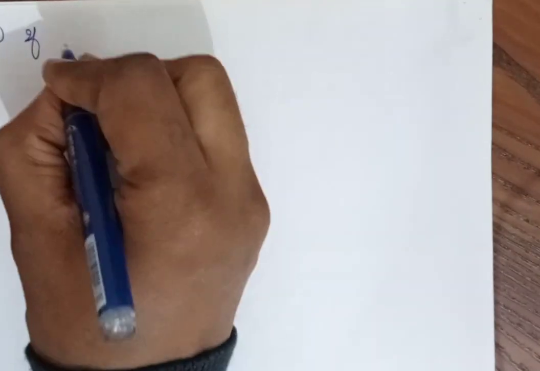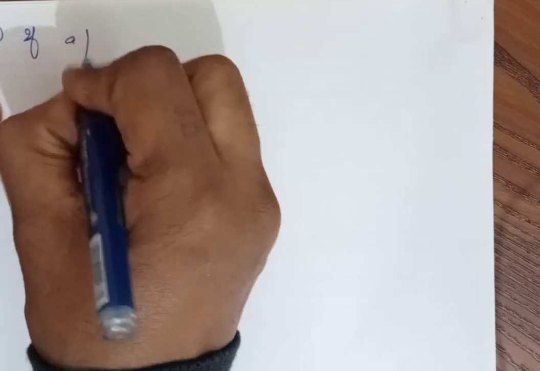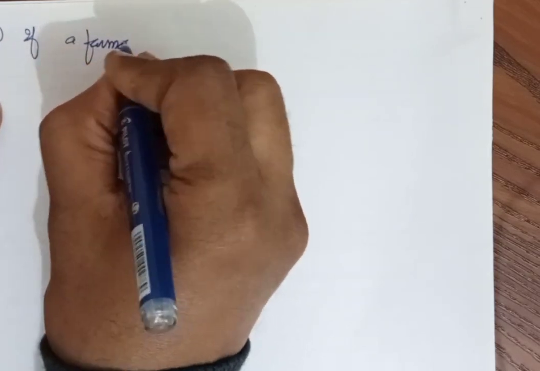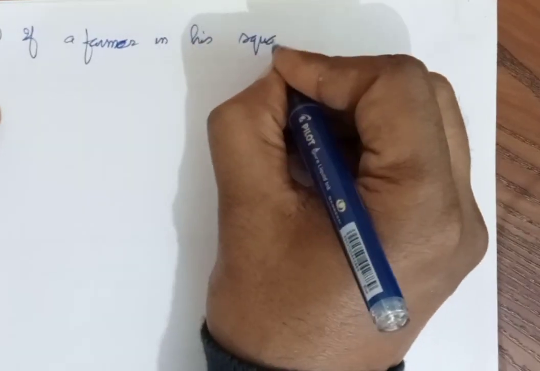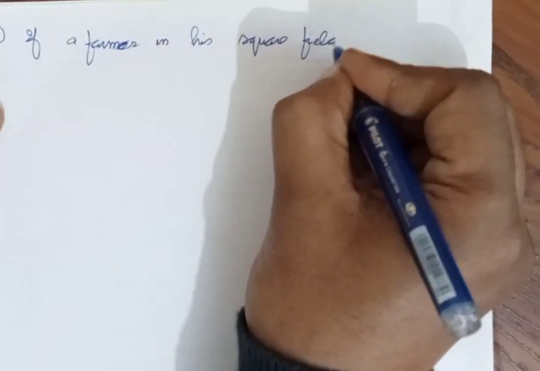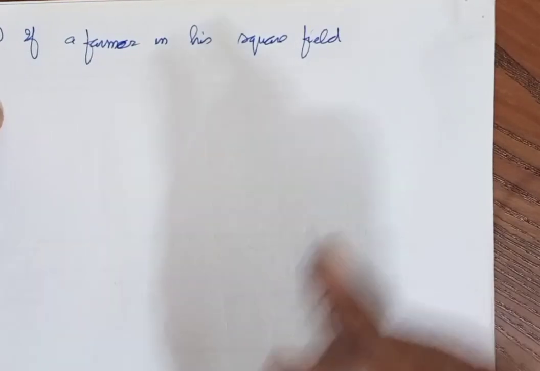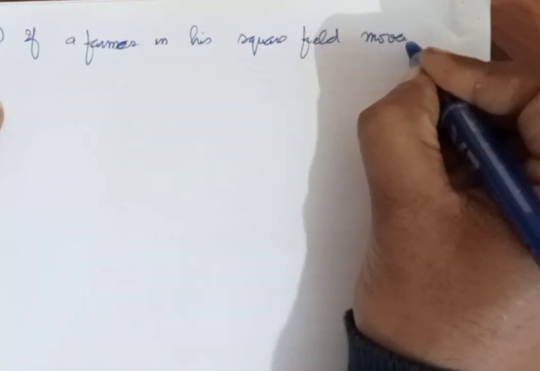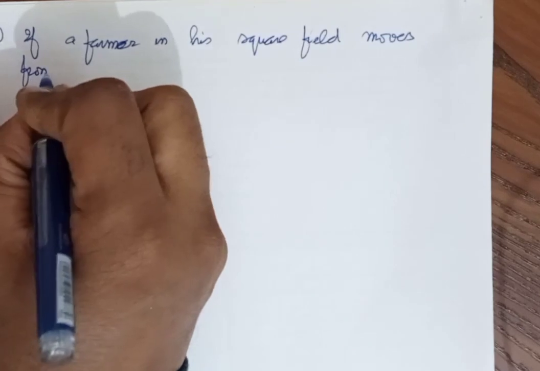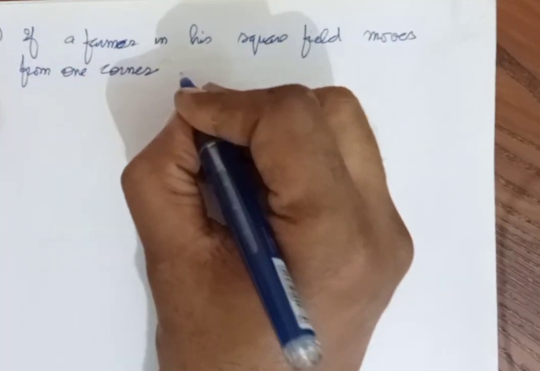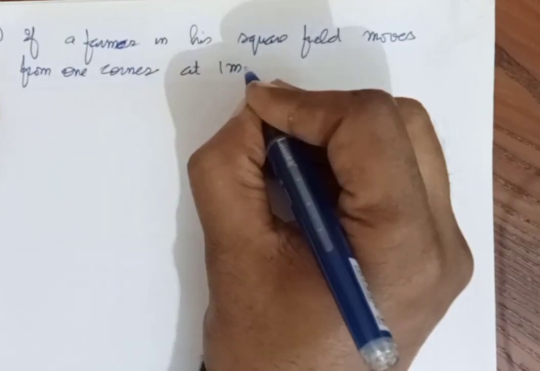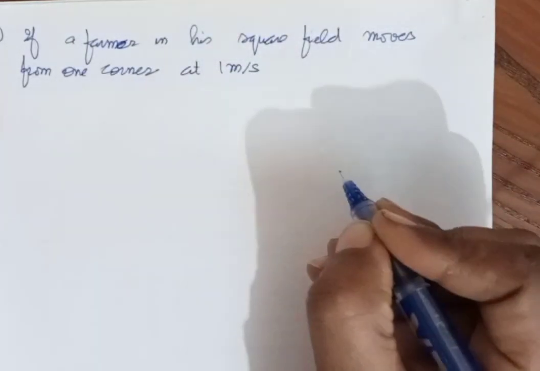Now, if a farmer in his square field moves from one corner at 1 meter per second.